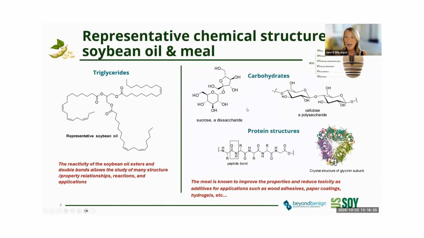For the meal, there are both carbohydrates and protein structures. This is more complex, but again, replacements for different applications that we have that are based on fossil fuels are being innovative and derived from the meal that introduce additives that are less toxic, biodegradable, etc. So the green and sustainable chemistry is there for wood adhesives, paper coatings, etc. So that is kind of the overview of what all of the curriculum is about.